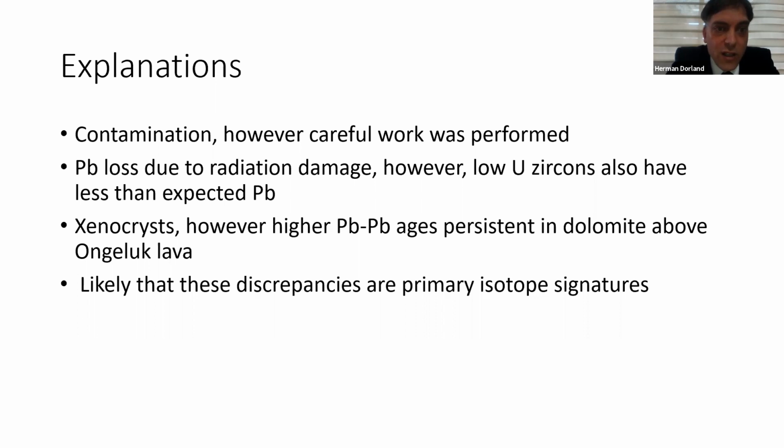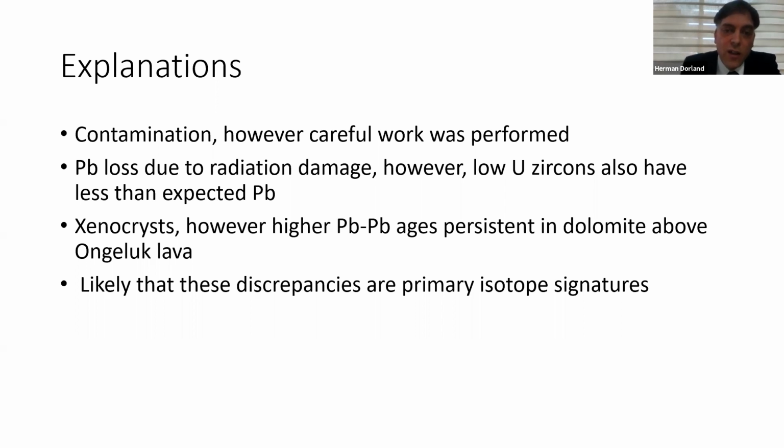People think that there's lead loss due to the radiation. However, in the Ongeluk lava, I've shown low uranium zircons that have little damage, but they still have much lower than expected lead. I've shown xenocrysts, or these pedalites, for example, in the Ongeluk could have been xenocrysts, but it's unlikely that in the formation of pedalite it would be xenocrystic.